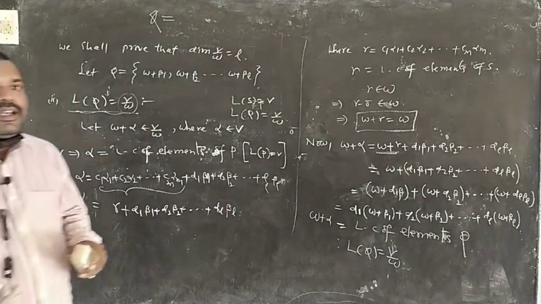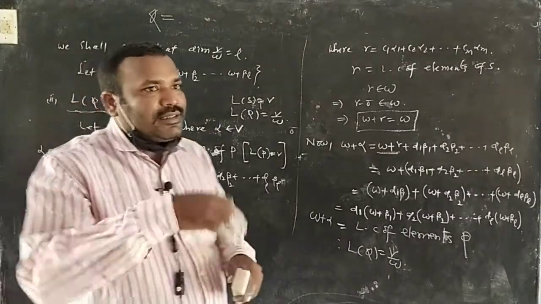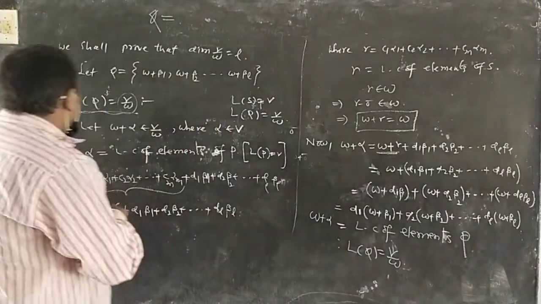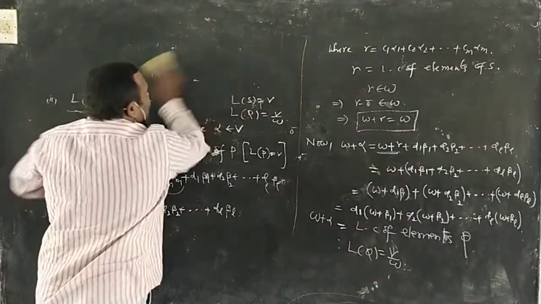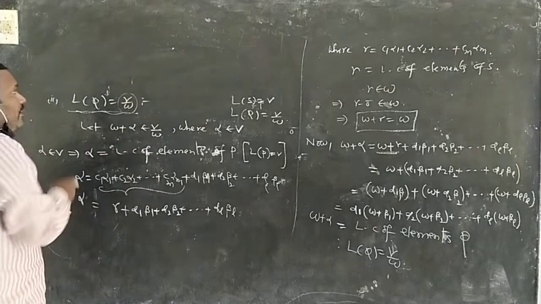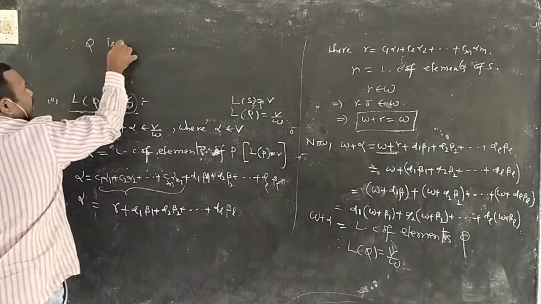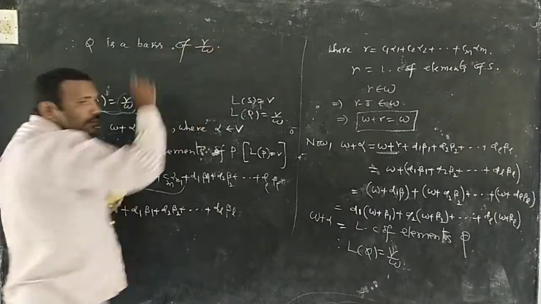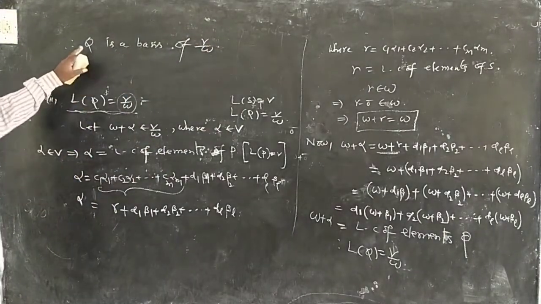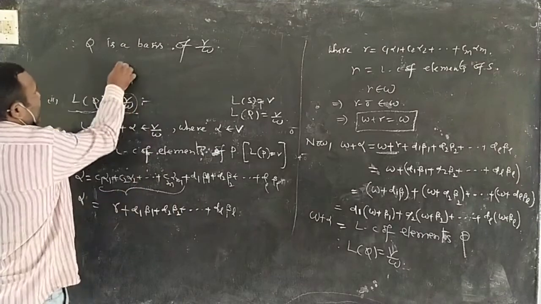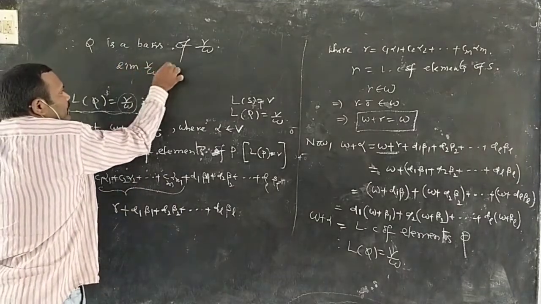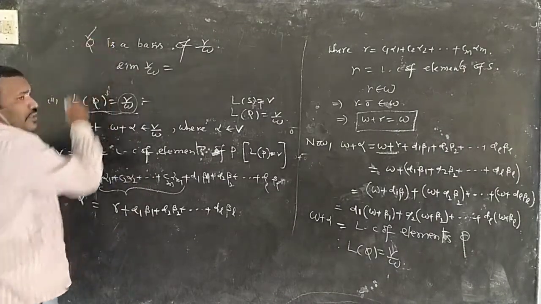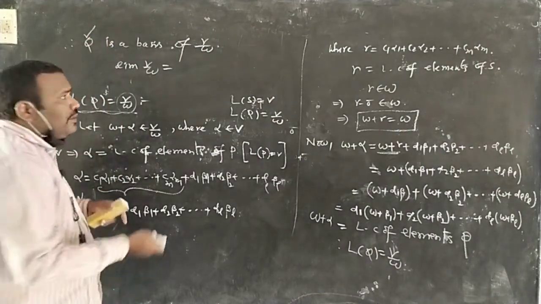So Q satisfies all conditions of a basis. Therefore, Q is a basis of V by W. If Q is a basis of V by W, then what is the dimension of V by W? Dimension of V by W is nothing but the number of elements in Q. Q has how many elements? L elements are there.